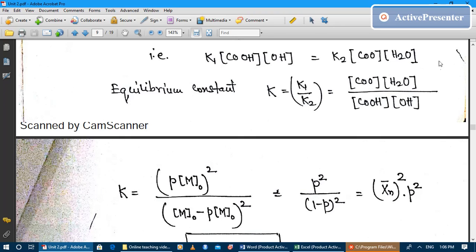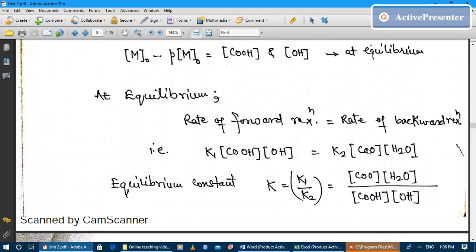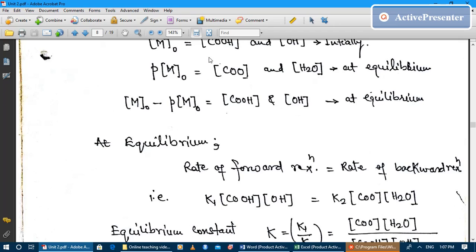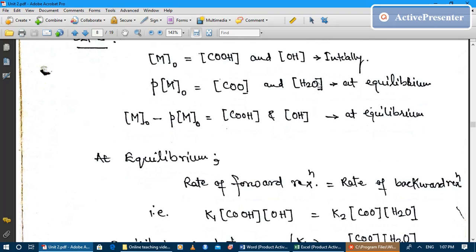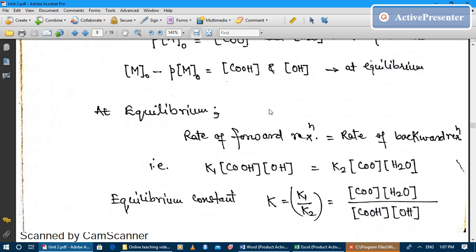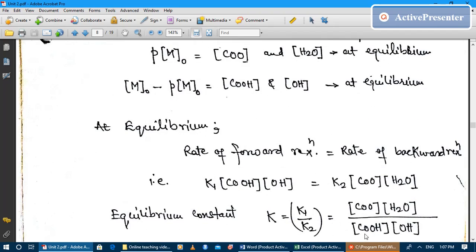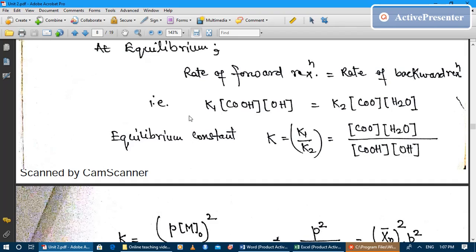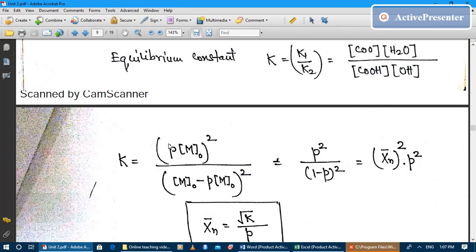So here we can write COO as p concentration M naught. In place of H2O we can also write pM naught, and in place of COOH and OH we can write this expression in terms of generalized concentration of monomer. So this is going to be pM naught whole square divided by within bracket M naught minus pM naught whole square.